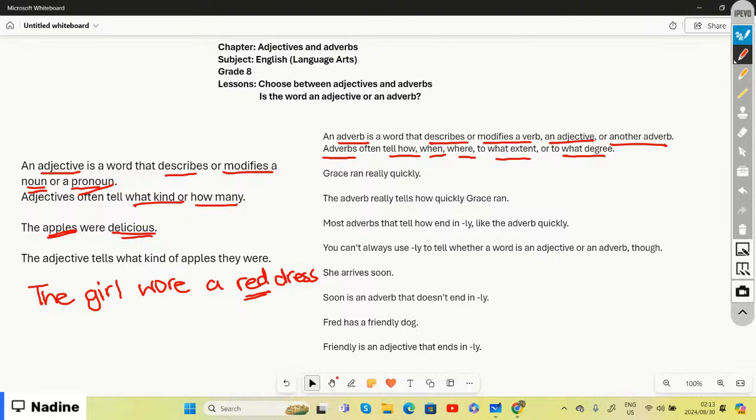And the answer would be really. So really is our adverb that tells us how quickly Grace ran.